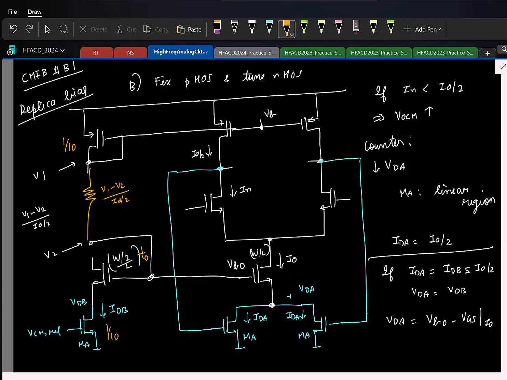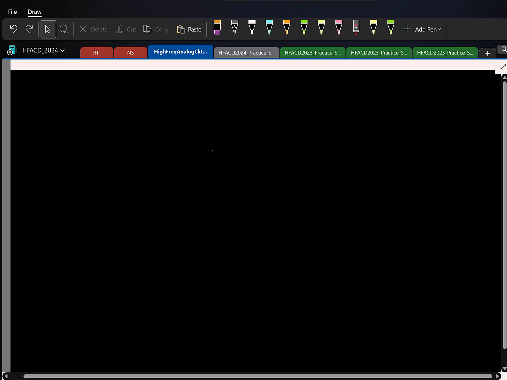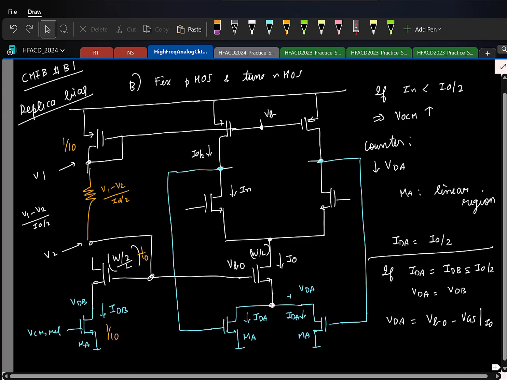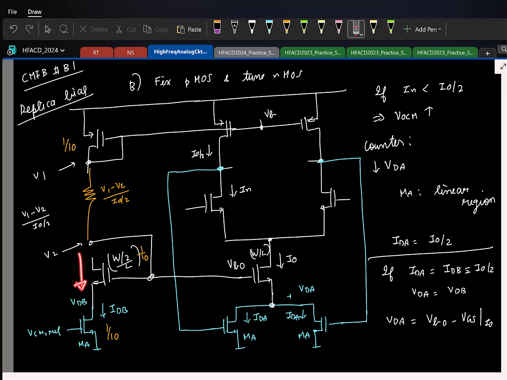It's a substitution theorem. I mean, what I'm saying is, if we have a scenario wherein I'm reversing substitution theorem. So substitution theorem says if I have V1, V2 and R, I can basically replace it with a current source with that value, nothing changes. Same thing. So we can either do that or basically have a different current mirror and make sure that our goal is to make sure the current here is I0 by 2. That's all.